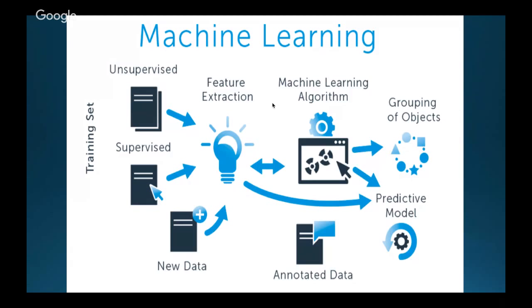And this is what is done as a part of machine learning, where data is provided, feature extraction takes place, and applying a machine learning algo, different kinds of decisions are made, and a group of objects is then arranged, or different decisions are applied on those groups of objects, and then a predictive model is calculated.